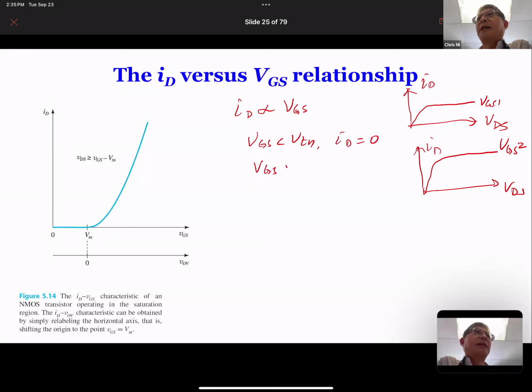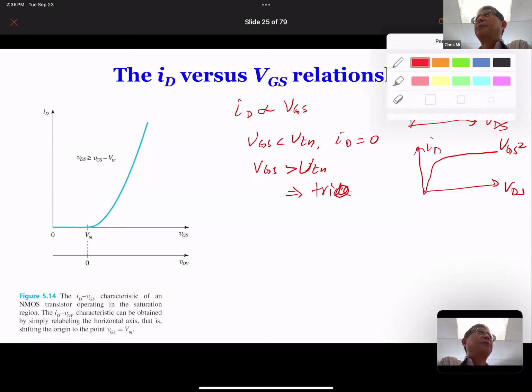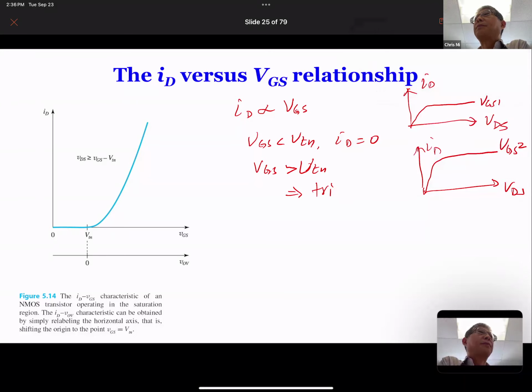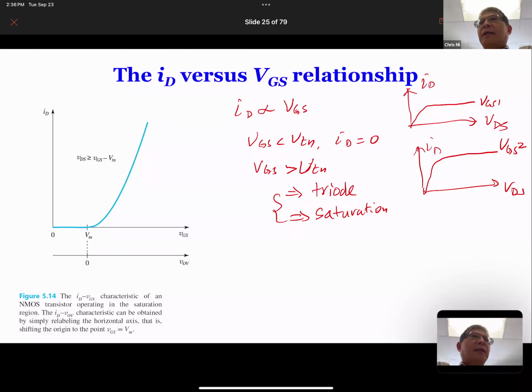If VGS is larger than VTN, it can go to triode mode or it can go to saturation mode, and these two satisfy different equations. It depends on how much VGS is more than VTN, and also on how much VDS is.